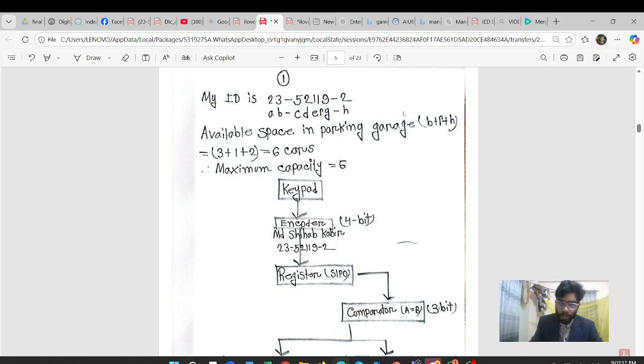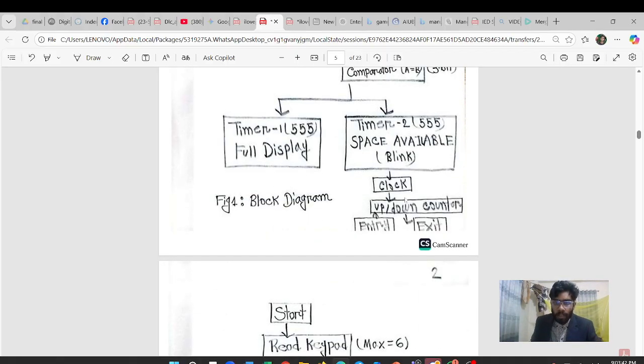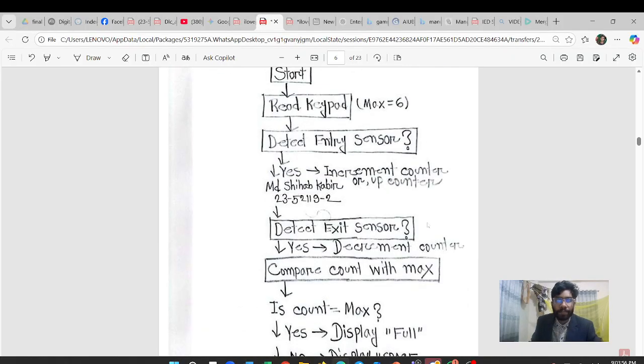I used SIPO, that means serial input, parallel output. Then I used a 3-bit comparator, timer 1, timer 2. If the display is full, then the 7-segment display shows "full". If it is not full, the 7-segment display shows "space available" with blinking. The clock generates pulses for up and down counting, which is why space available blinks. Then here I connected an entry and exit point.